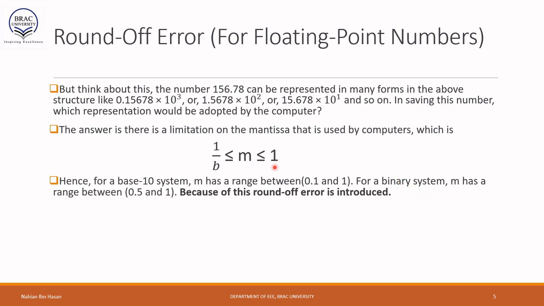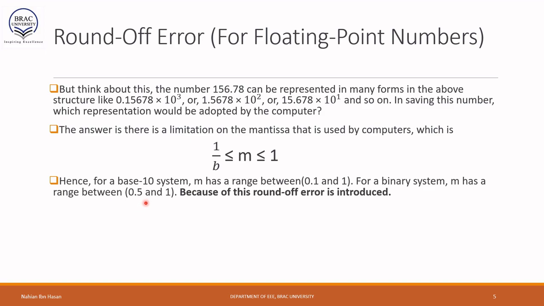But if you use a binary system, m would have a range between 0.5 and 1. So according to the number system, the range of m would change. But since we are using a binary system for our computers, the range of m should be within 0.5 and 1. So that's the criteria the computer must follow to represent a floating point number inside its own memory.